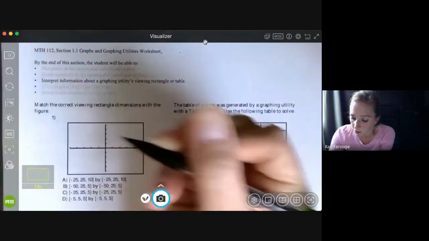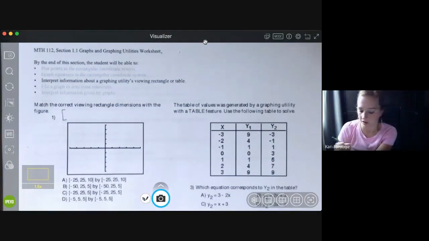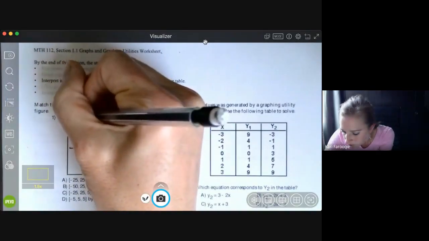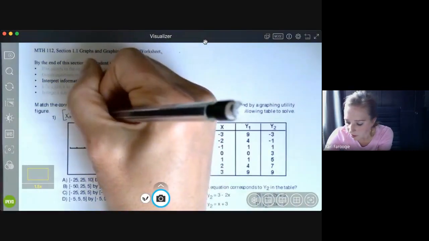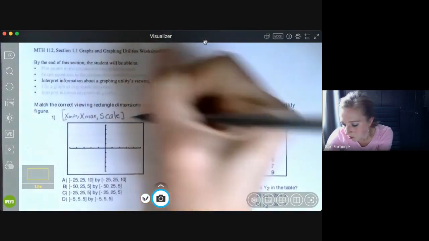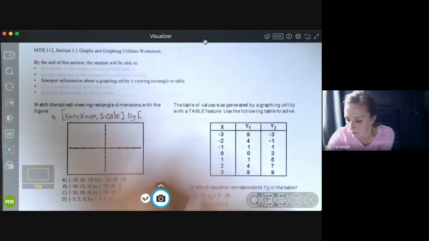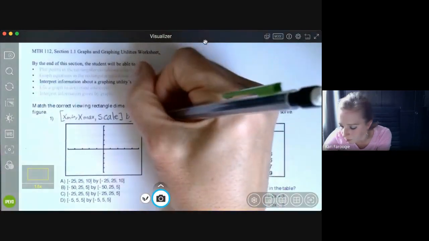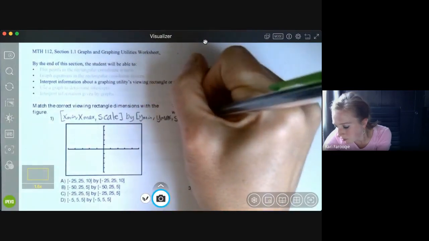If you would like to write down just sort of a key for what this means, basically you're looking first at the x minimum value up to the x maximum value, and then we're going to look at the scale. And then we're going to take that to the y value. So we're going to look at the y minimum value, the y maximum value, and the scale.